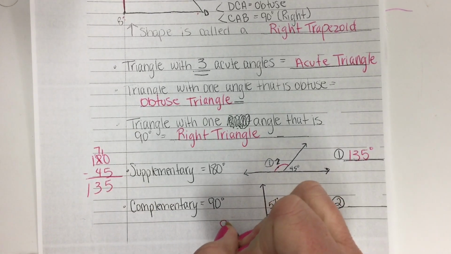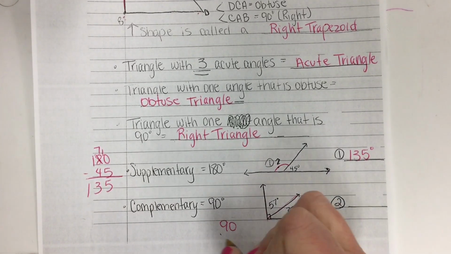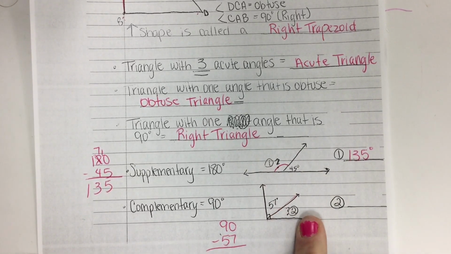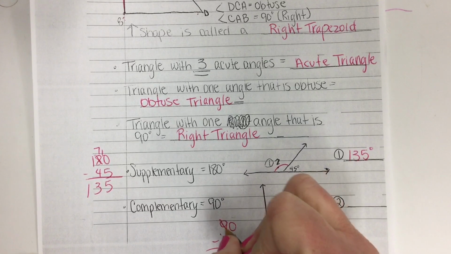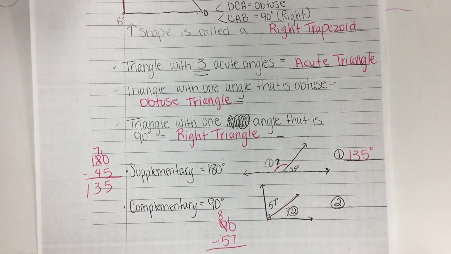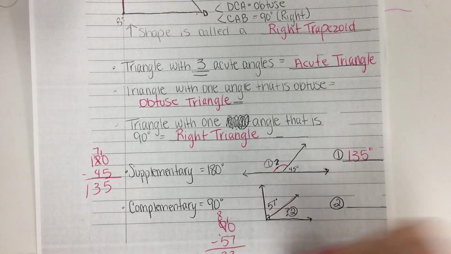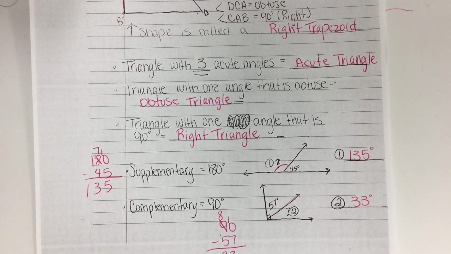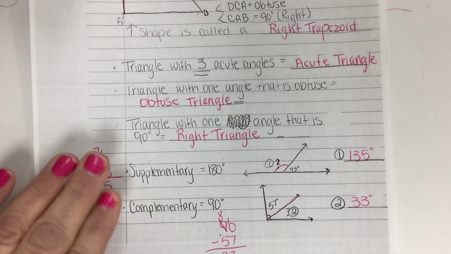You should have said 90, which is the total, minus 57, what you already know, and that's how you'll find your second angle. You have to borrow. 10 minus 7 is 3, and 8 minus 5 is also 3, so your answer was 33 degrees. Okay?